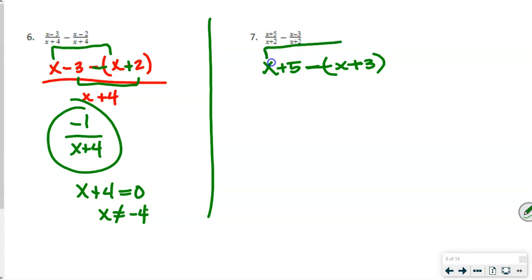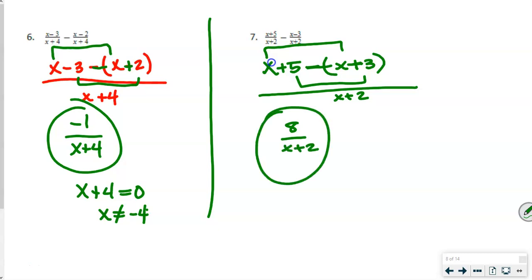So we got an x minus x again, and then we got the 5 plus 3. So that's going to just leave us 8, and all of this would have been over what? x plus 2. So that's going to be, sorry about that, 8 over x plus 2. And again, we got to set that x plus 2 equal to 0. So x plus 2 equals 0. So x does not equal -2.